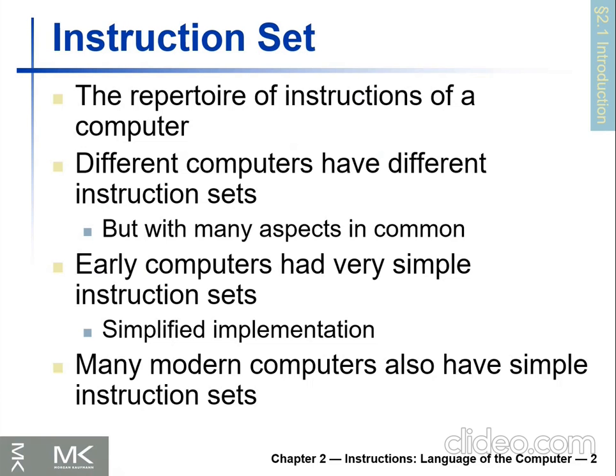Early computers had very simple instruction sets, and this is basically because early computers were very simple in hardware; the hardware itself is simple, small, and cannot do complex stuff. On the flip side, the instruction set must also be simple, because you can only do simple operations on such small and simple processors. Also, many modern computers have simple instruction sets, but for a different reason.